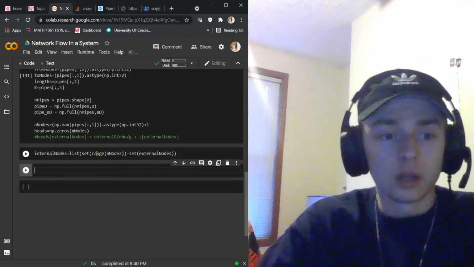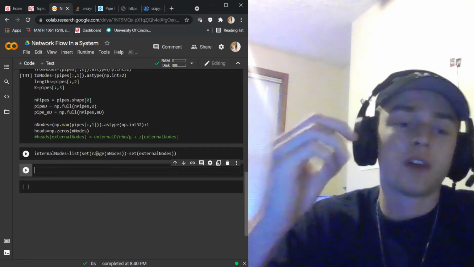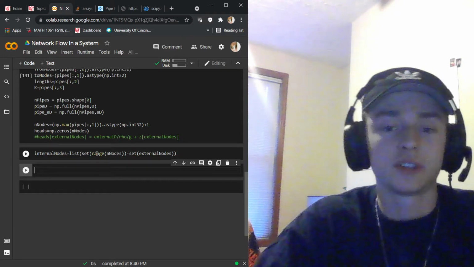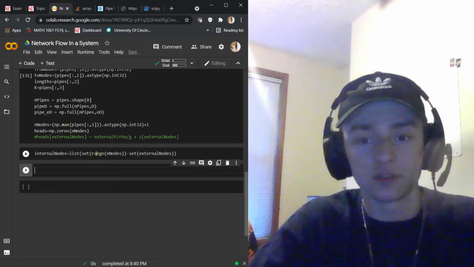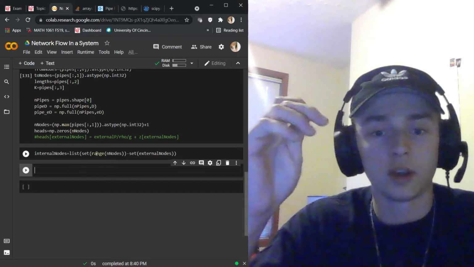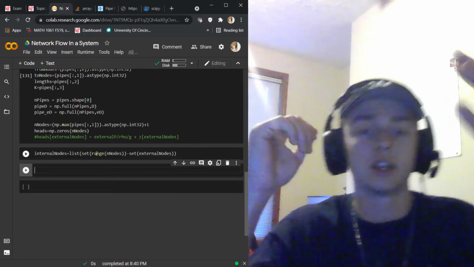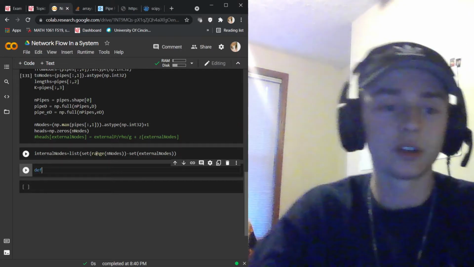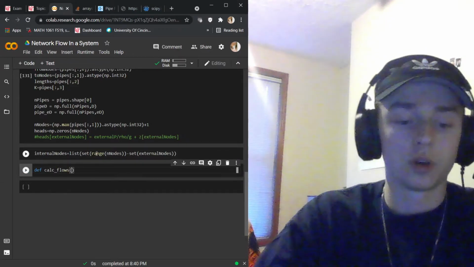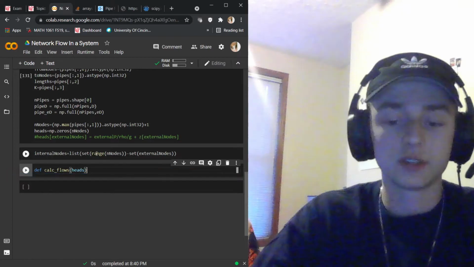So the next step is to define a function that calculates the flow of fluid through our system dependent on the head of each of the pipes in the system. And so what we're going to do is use the iterated values of the fluid heads in the system. And so we're going to define a function. We're going to call it calculate flows. And we're going to say, again, it's dependent on the heads.